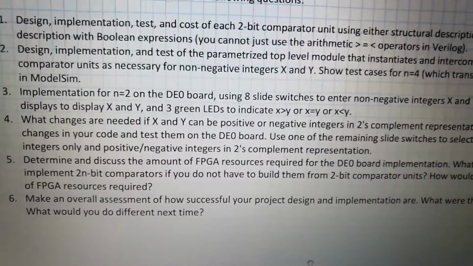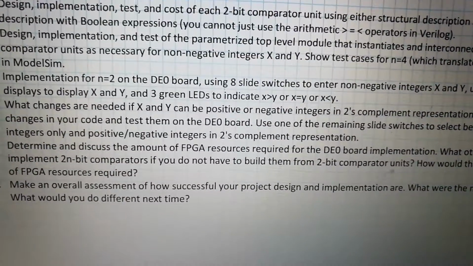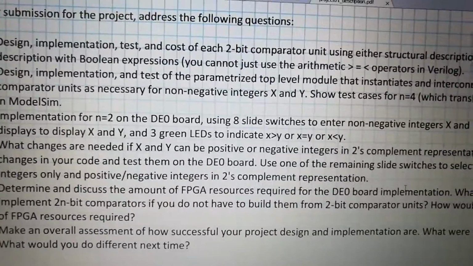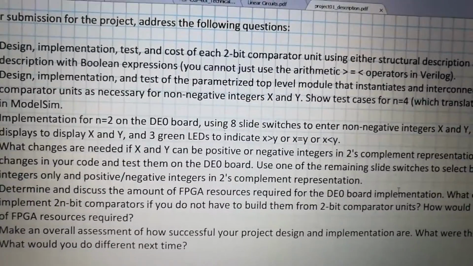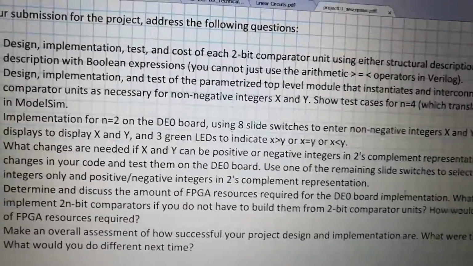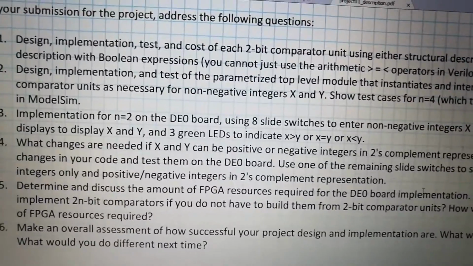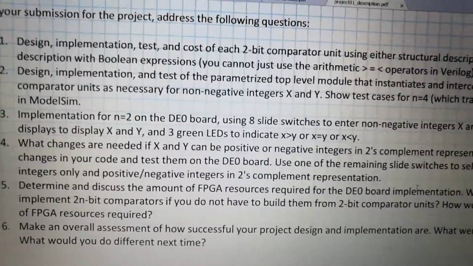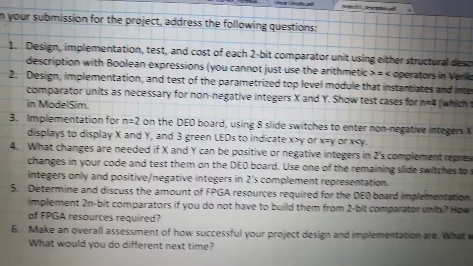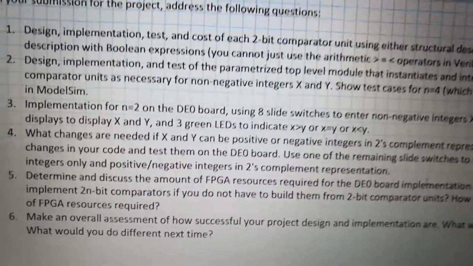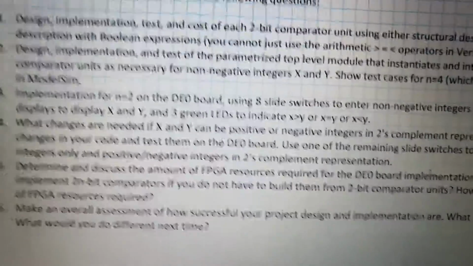Back here, it's asking what are some other implementations. So first I was thinking, okay, just use the adder-subtractor to do it. If you subtract y from x, if the result is greater than 0, that means x is greater than y, and so on.